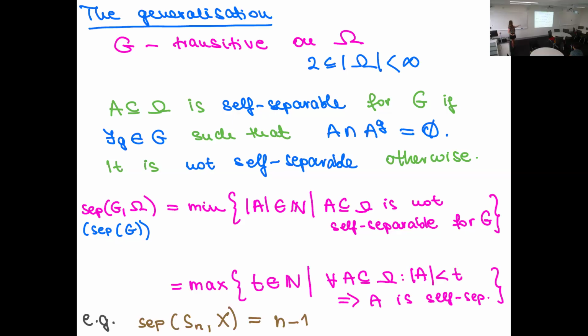So if we take Sn acting on X, or our graph theory problem, then the separability number is going to be n minus 1. Sorry, let me ask you a very silly question. How important is that you have a group instead of a semigroup in this discussion of separability? So far, not important. Later on, transitivity will also be quite important. So I don't know if you can have a transitive semigroup.